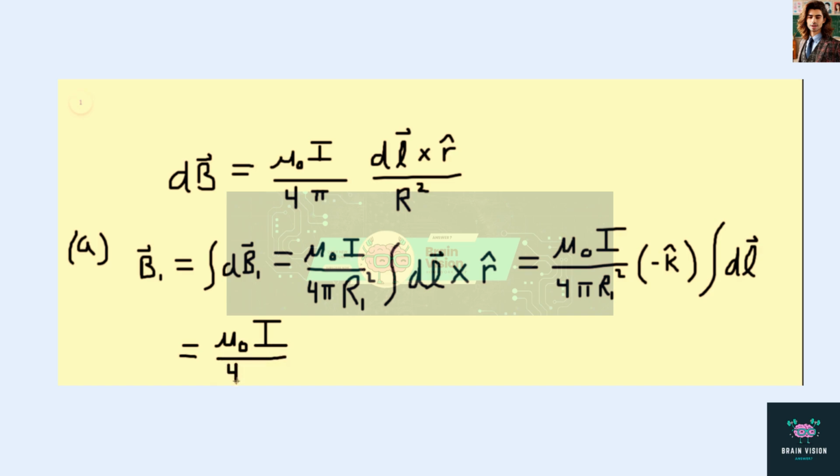The pi's cancel, because there's a pi on the bottom and the dl integral gives us a pi. And one of the r1s cancels, because we have an r1 squared on the bottom and we end up with an r1 from the integral of dl. So we end up with mu naught I over 4 r1, in the negative k hat direction, or you could also say into the page.